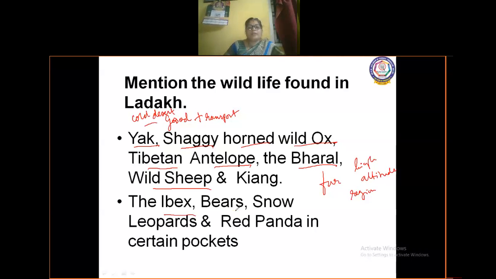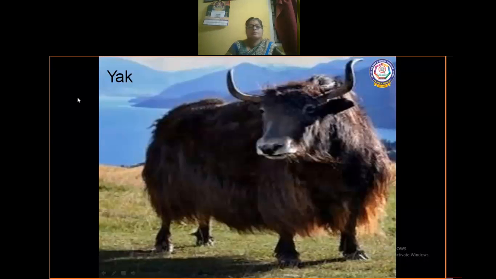Now ibex, bear, snow leopards, red panda and others we will be viewing in the later slides, which will picture their own beauty. This is the yak with fur.